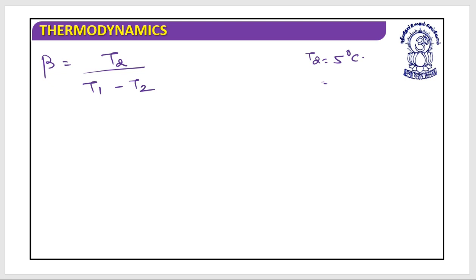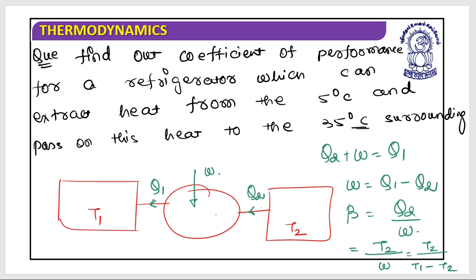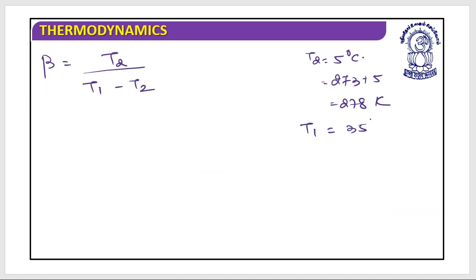It is 273 plus 5, that means it's 278 Kelvin. And the T1 that has been given is 35 degrees Celsius. So this is 273 plus 35, which is 308 Kelvin. So this is the situation, and I need to find this beta.